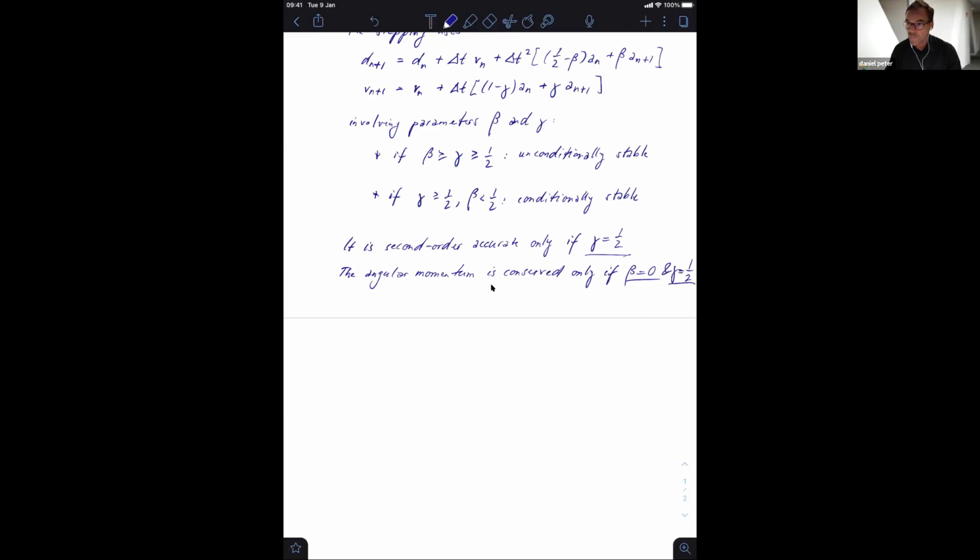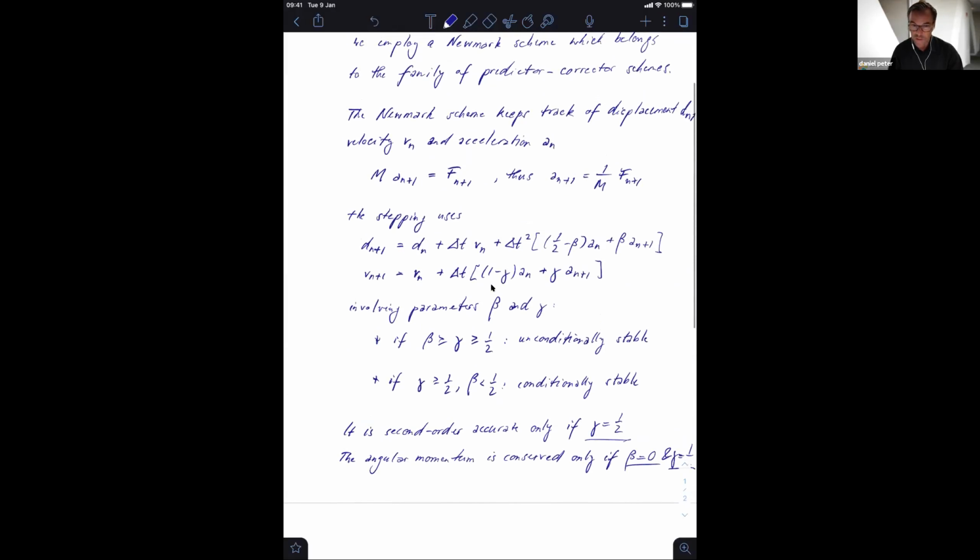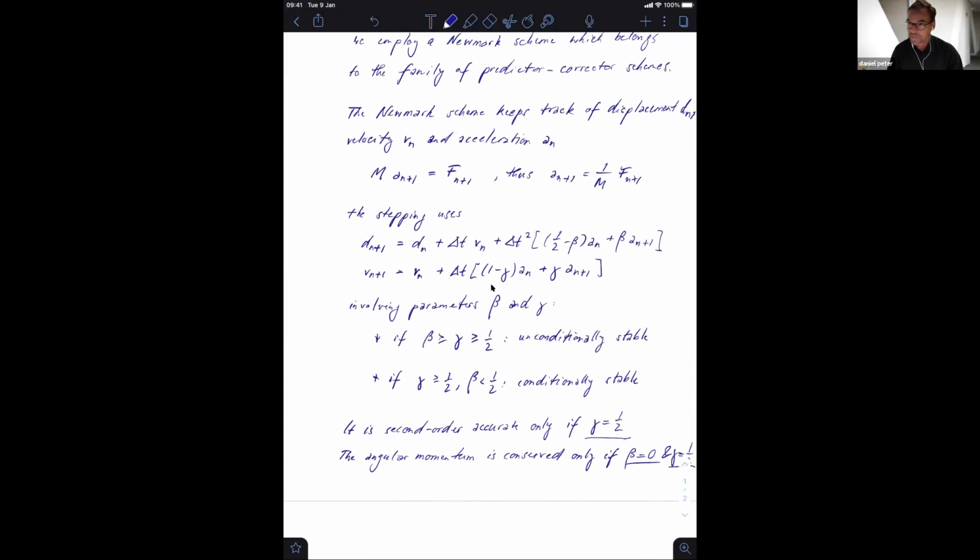So why is that important, angular momentum? Do we care about angular momentum when we look at the wave equation? Well, while deriving the wave equation, we conserved angular momentum, if I remember correctly.